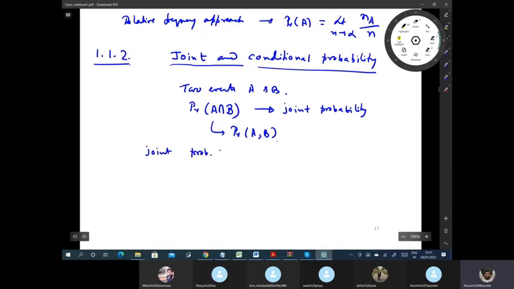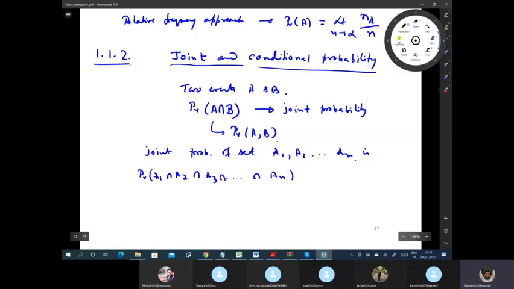Now the joint probability of a set A1, A2, dot, AN will be the probability of A1 intersection A2 intersection A3 dot intersection AN.